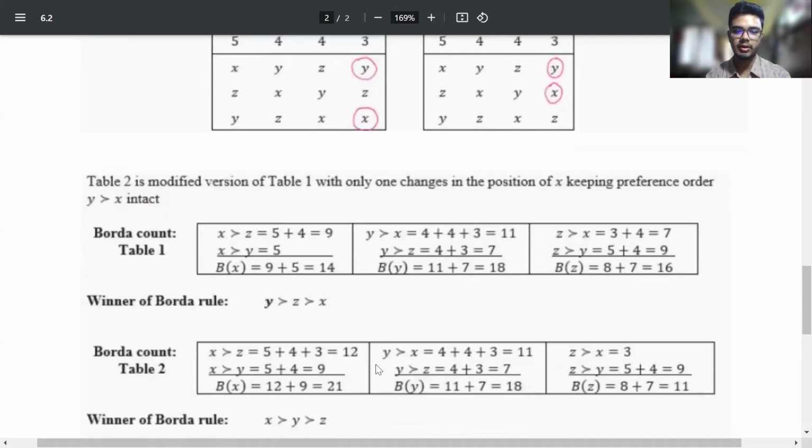If we calculate B of X, we get 21. If we calculate B of Y in the same procedure, we get 18. And B of Z is equal to 11.